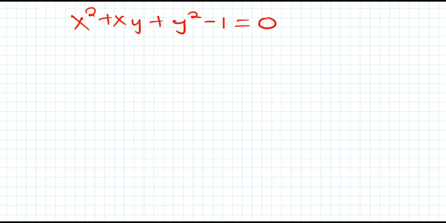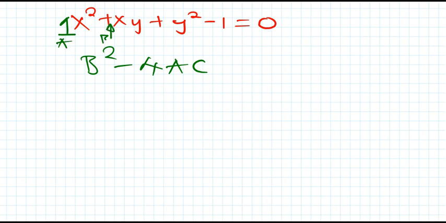Okay, so the concept is very simple. b squared minus 4ac. I told you the coefficient of x squared is your a. In this case it's 1, and then your b is the coefficient of the product, and your c is the coefficient of y squared. So our b is 1, so 1 squared minus 4.